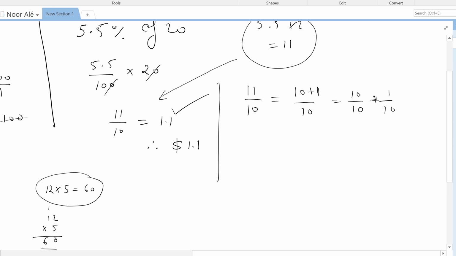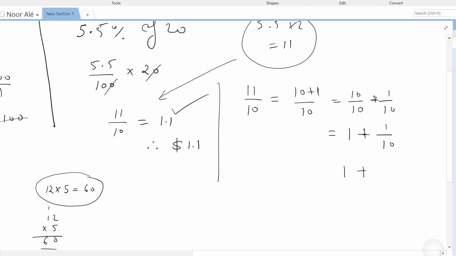And 10 over 10 is 1, plus 1 out of 10. So we got 1 and this fraction, which is 1 out of 10. 1 out of 10 means 0.1.